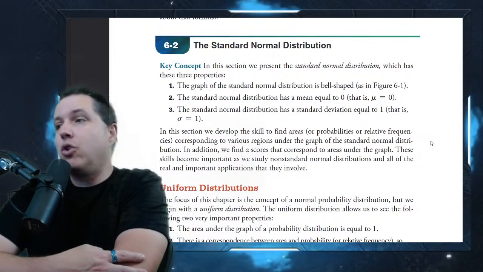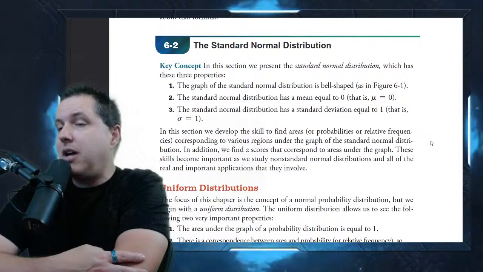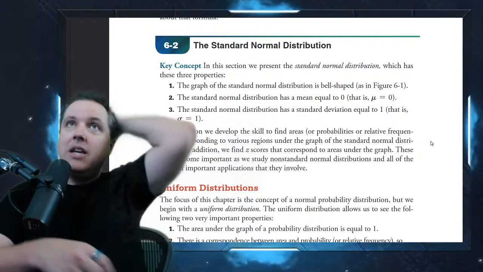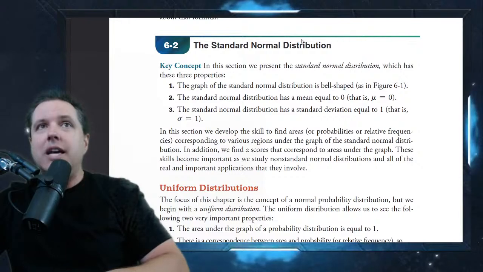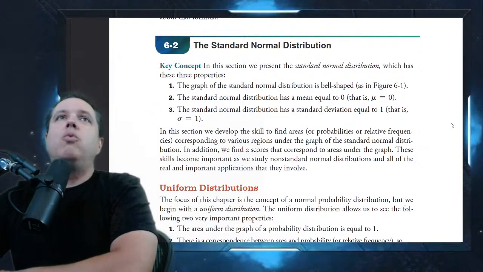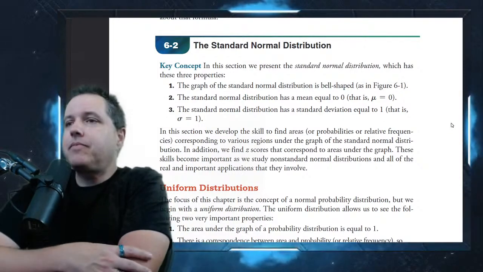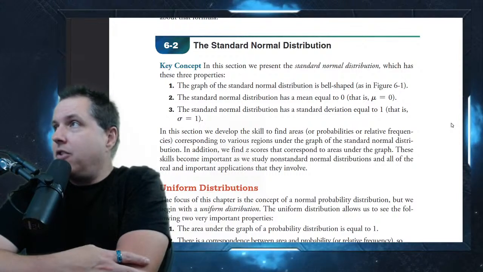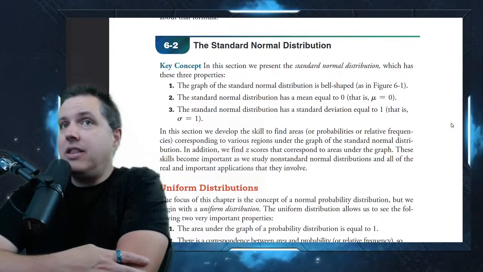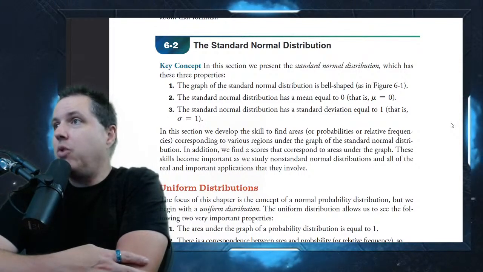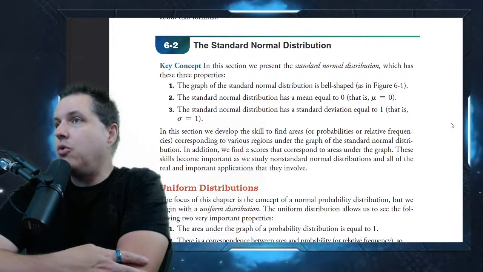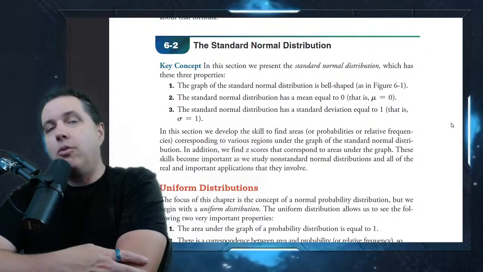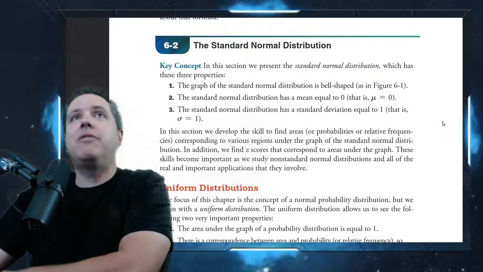So anytime you hear the word normal, unless I've slipped up, I'm using it to mean this capital N, standard normal distribution. That's what we're talking about. So what is that? Well, a lot of the data that we collect comes out in this specific pattern that we call normal. You have other distributions that we've seen along the way, but this normal distribution has some specific aspects to it.